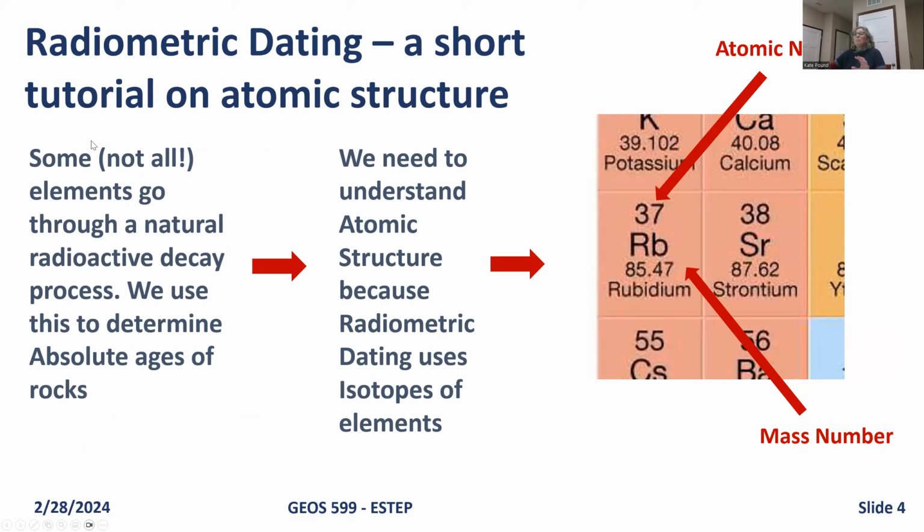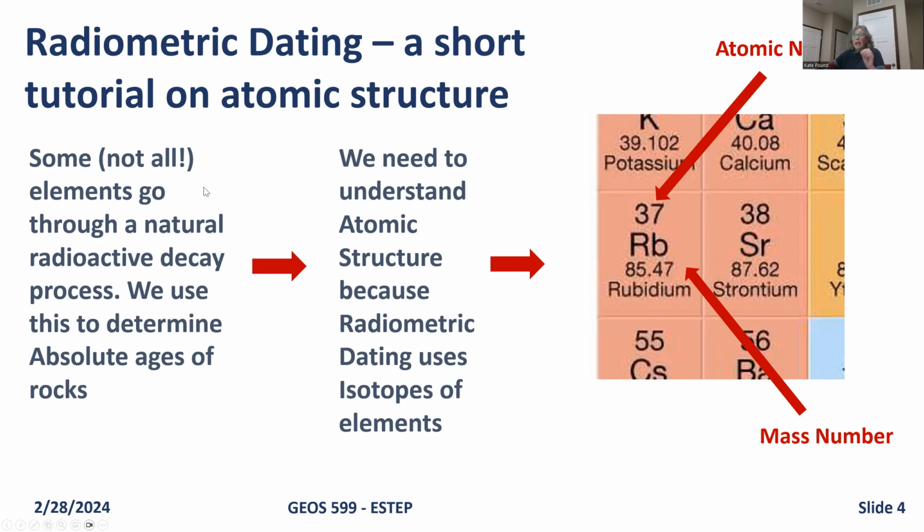First of all, remember that our elements are all on the periodic table. And here are just two elements shown from a small part of the periodic table. Rb stands for rubidium and Sr stands for strontium.